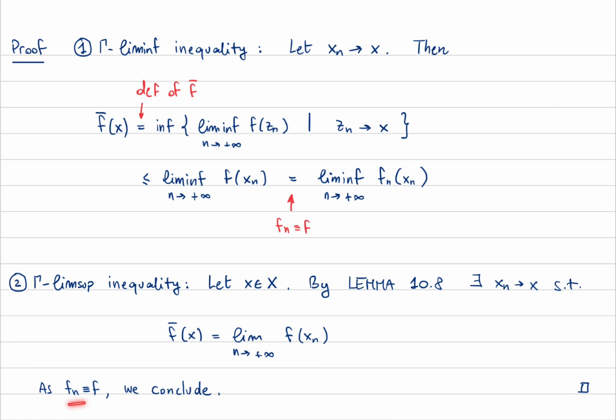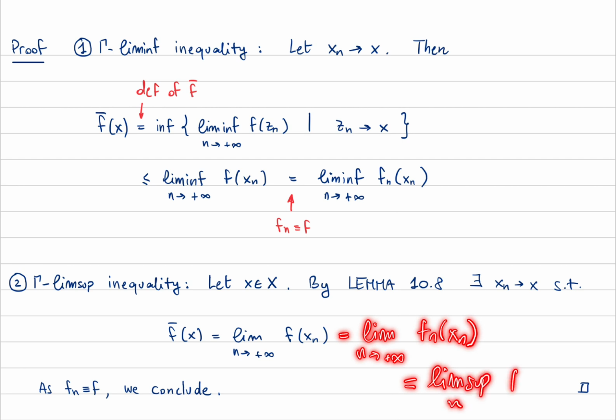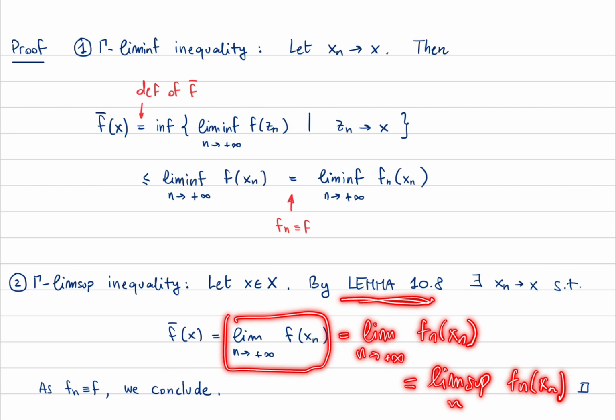Now, since f_n is equal to f by definition, this is equal to the limit as n goes to plus infinity of f_n of x_n. And this is the gamma lim-sup inequality verified, because this is obviously equal to the lim-sup of f_n of x_n, since this sequence is convergent by Lemma 10.8.